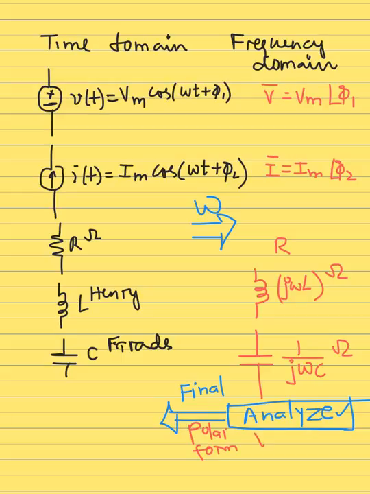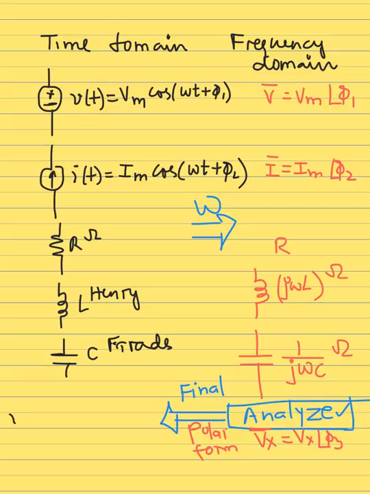Polar form like Vx, let's say the variable we're looking at, equals its value Vx at an angle of phi 3. This is just an example. So we calculate that, and then in the end you change the result in the frequency domain into time domain as well.